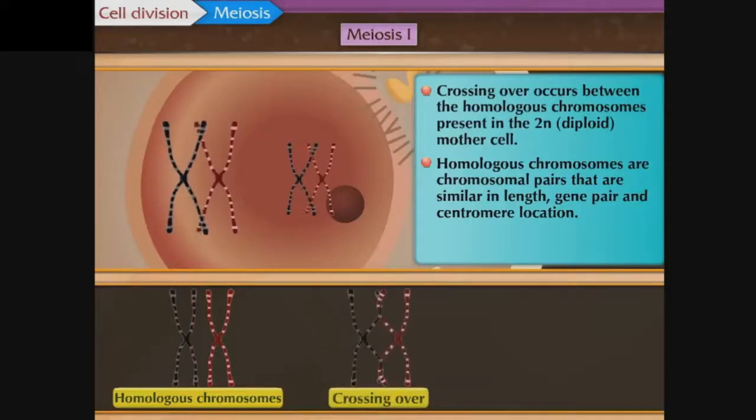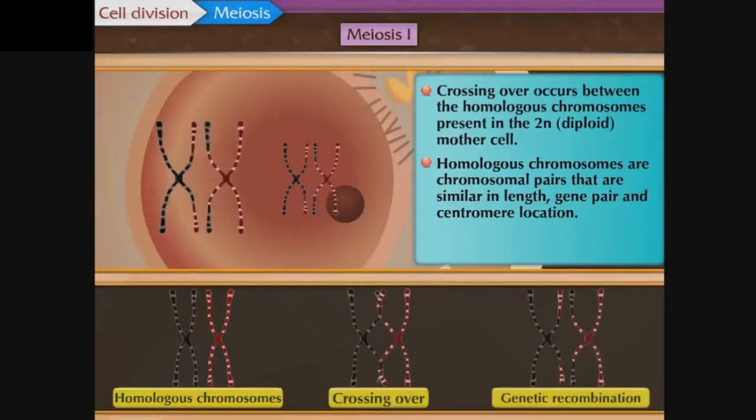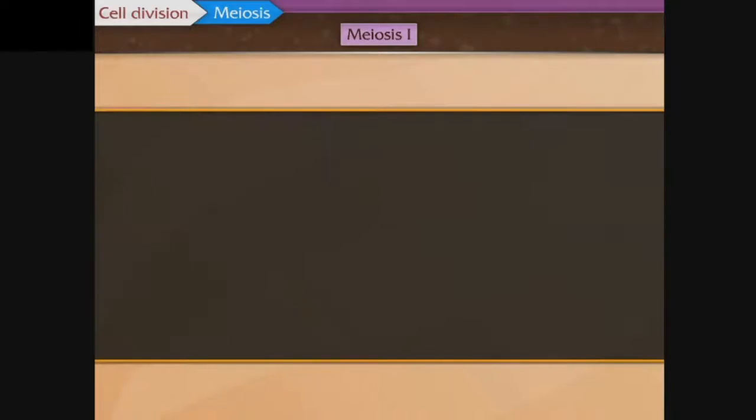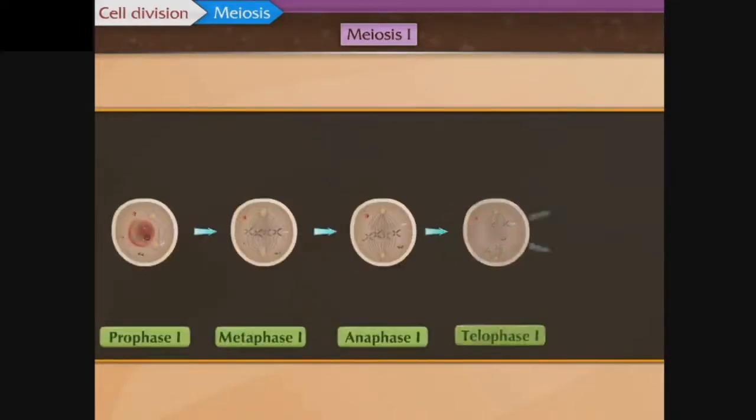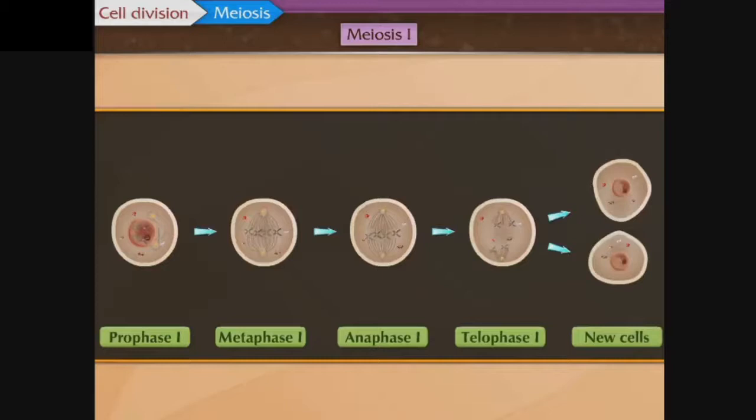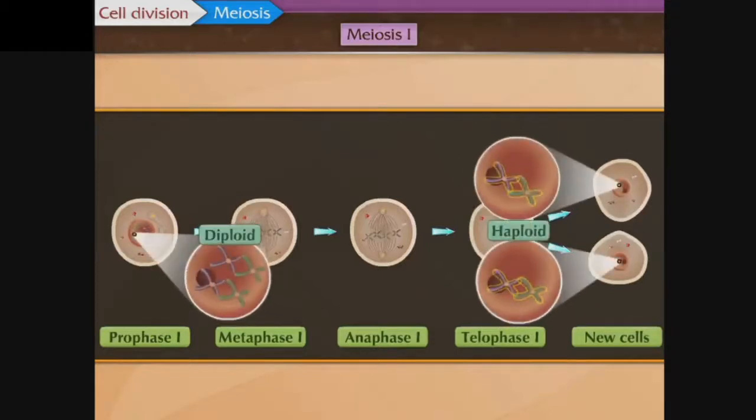Crossing over results in genetic recombination. Thereafter, these chromosomes divide into 2 groups, and finally, 2 haploid daughter cells are formed, each with n number of chromosomes, which means each cell possesses only 1 copy of a chromosomal pair.